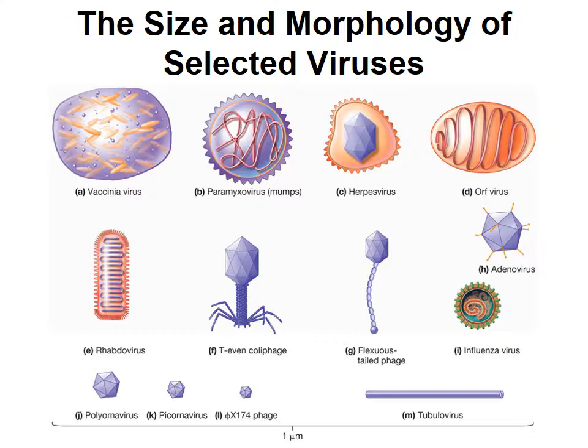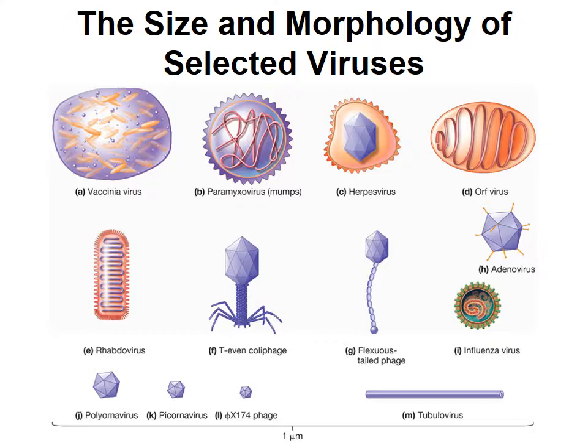Okay, here we can see the tremendous variation in both size and morphology of different viruses. In A, we have one of the large pox viruses. This one's called the Yersinia virus. In B, paramyxovirus, which causes mumps. In C, the herpes virus.